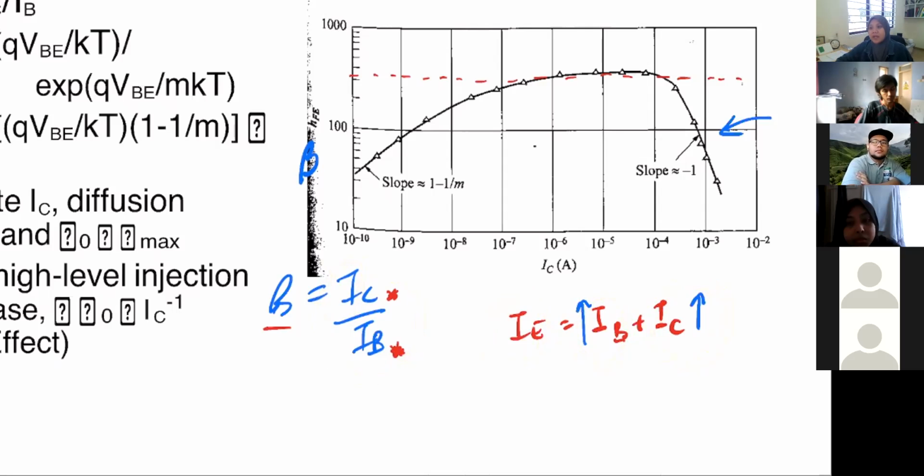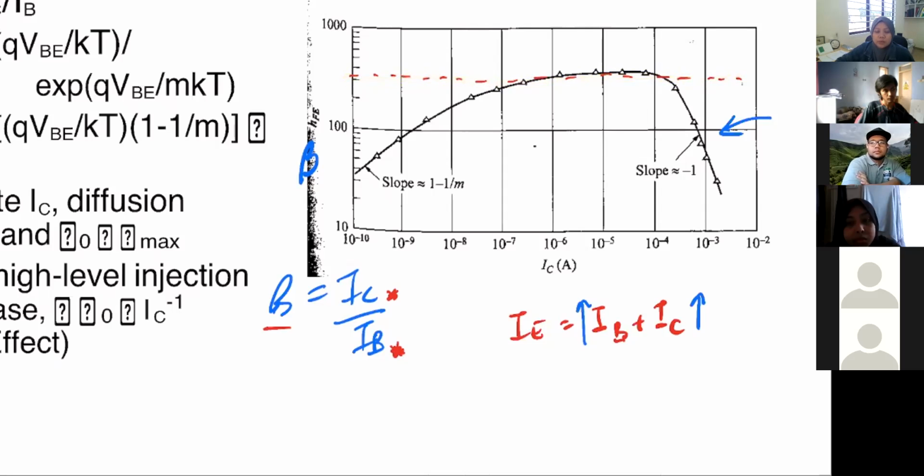This is ideal, and this is what we want. We don't want beta to keep on changing with the device. We use the dotted line here; the beta should be there.